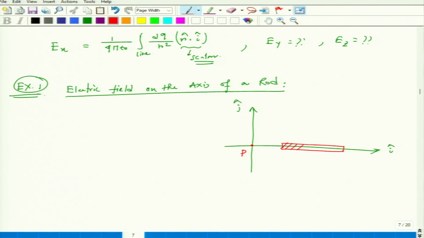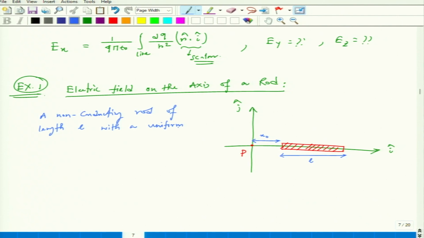So basically the point P is on the axis of the rod, the same axis where the rod is placed, at a distance x naught from the rod, and the length of the rod is L. The question is: a non-conducting rod of length L with a uniform charge density lambda.